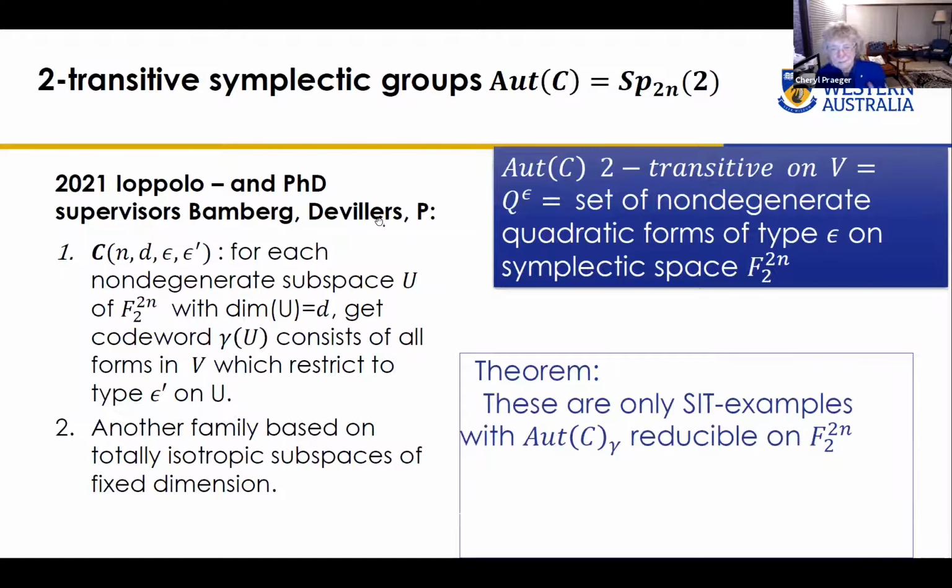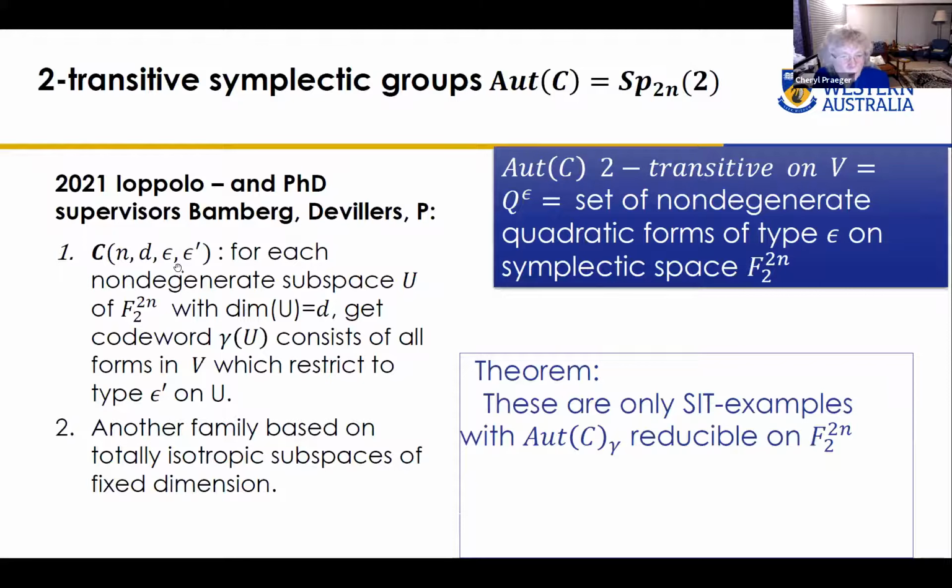What have we got to say for ourselves? Well, first off, Mark has constructed some families of examples. We've got as input the dimension n and the type of the quadratic forms, that's epsilon. We have another parameter d and another epsilon prime.